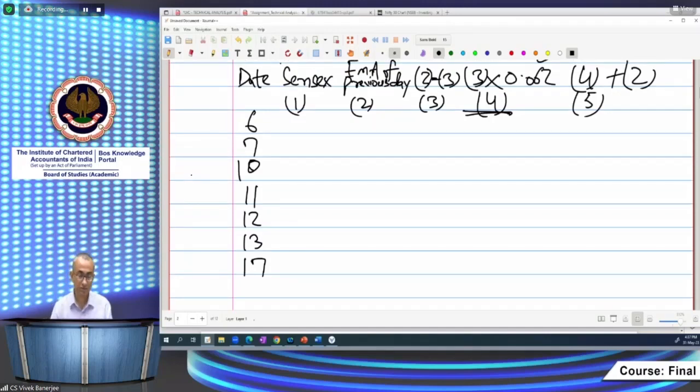So let us calculate it. What is the closing price of the Sensex during those days? On 6th of January, it is 14,522. On 7th of January, it is 14,925.